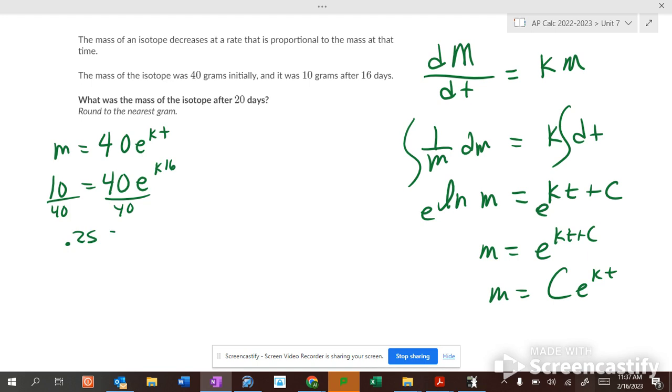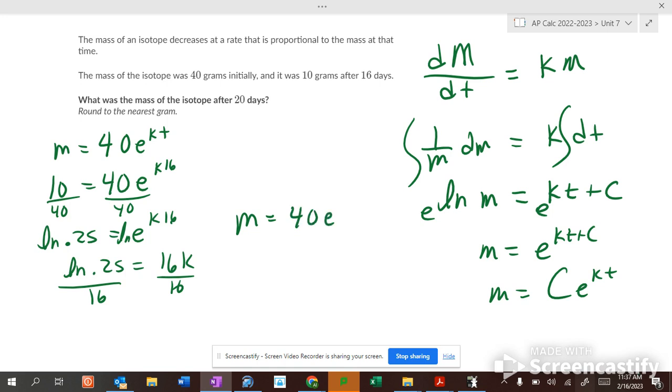So 0.25 equals e to the 16k. ln each side to get rid of your e. The ln of 0.25 equals 16 times k, divided by 16. That's what k equals.